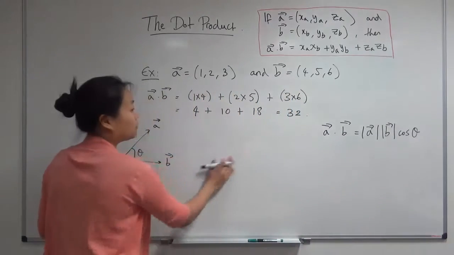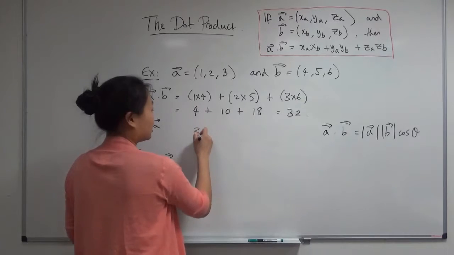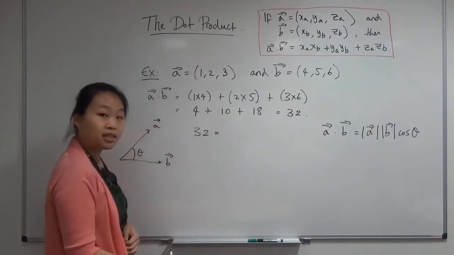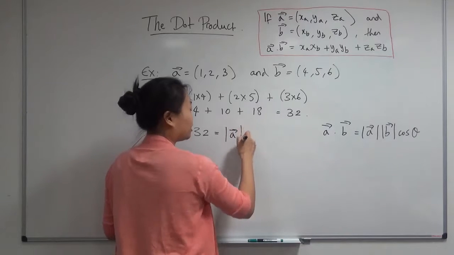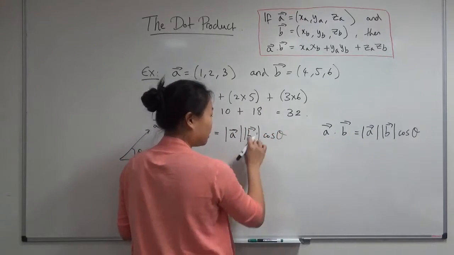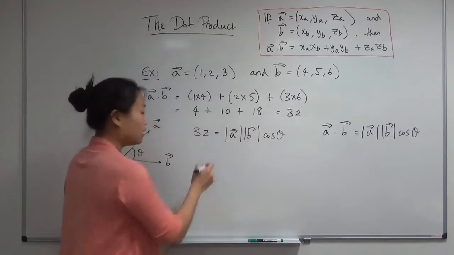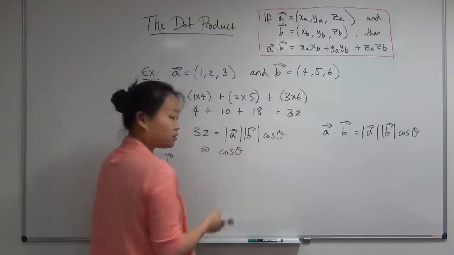So in this example, we know that the dot product is 32, so we know that 32 is equal to the modulus of a times the modulus of b times cosine theta, which means we can rearrange this to obtain an expression for theta.